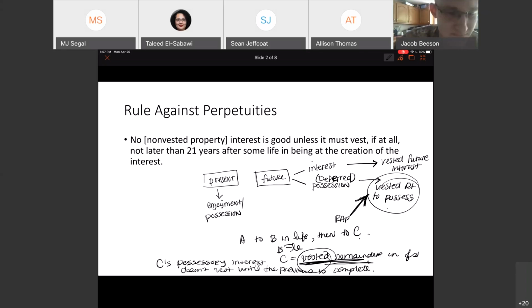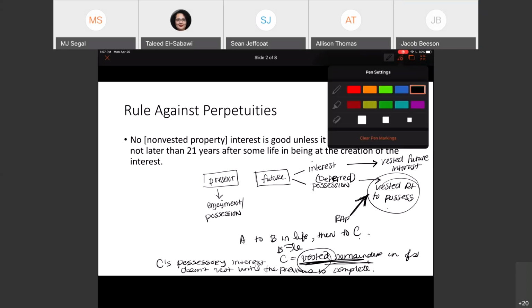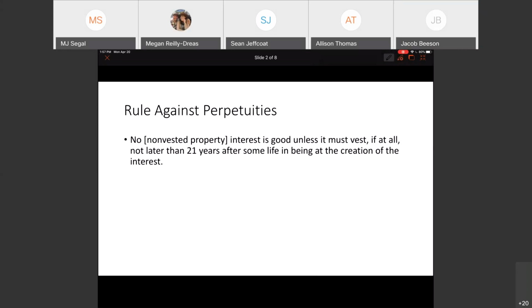Any other questions? Yeah, Professor El-Sabawi, it's Megan Riley Dries. I just want to make sure that I'm understanding this. In the scenario that you gave, where you said A to B for life, then to C, C has a vested remainder in fee simple, correct?